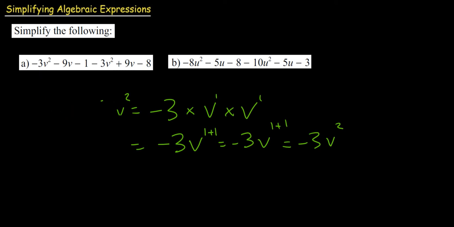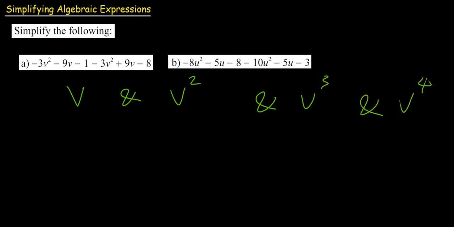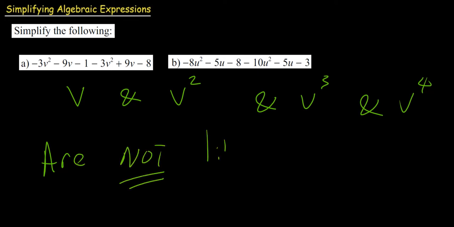Okay, now a really important concept is that v and v squared and v cubed and v to the 4 are not like terms. Just because they are v, they're different.